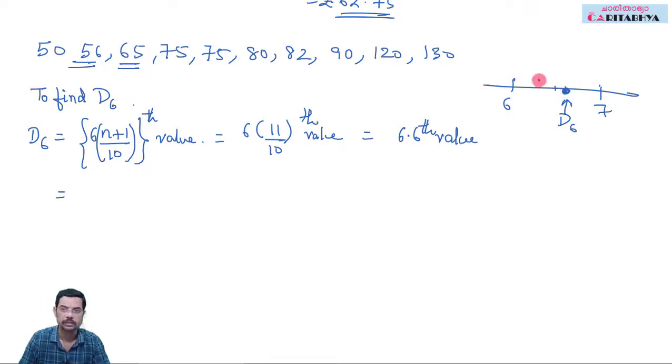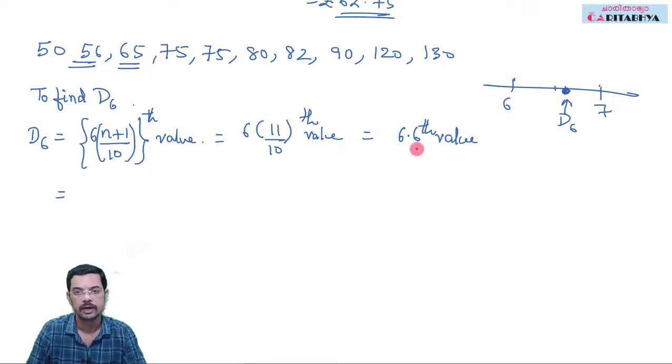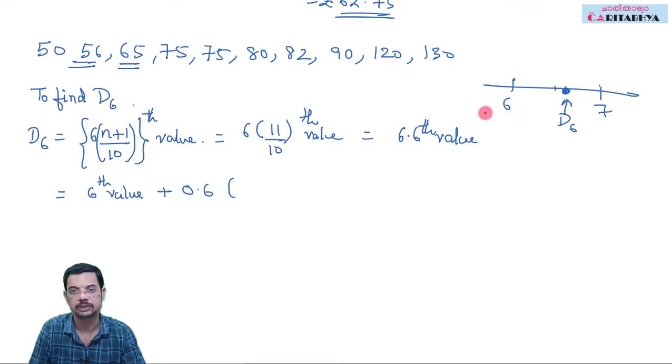So we divide it into two pieces, the integer part and the fractional part. That is the 6th value plus the fractional part, 0.6, into the difference between the 7th and the 6th observation.